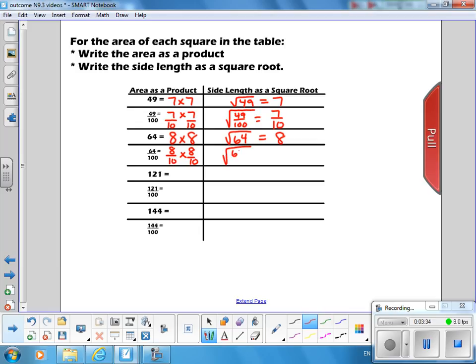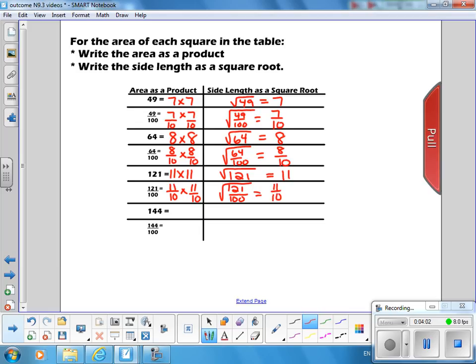So the square root of 64 over 100 is 8 over 10. 121, that's 11 times 11. So the square root of 121 is 11. Same thing if it's over 100. 11 over 10 times 11 over 10. So the square root of 121 over 100 is 11 over 10.